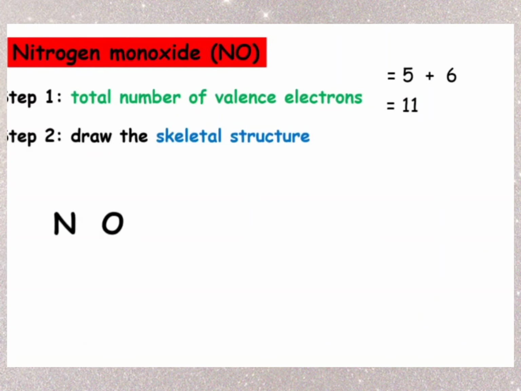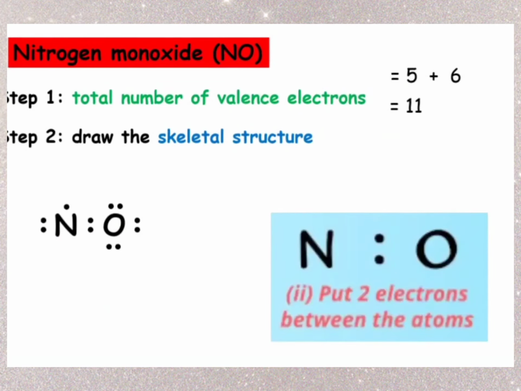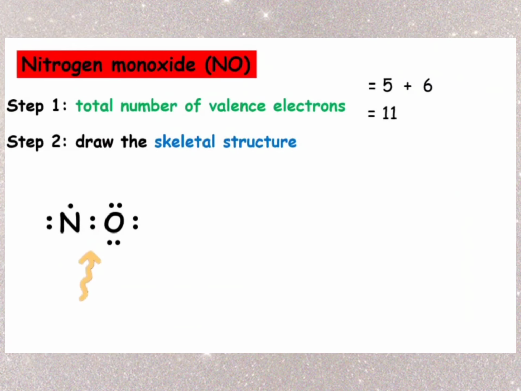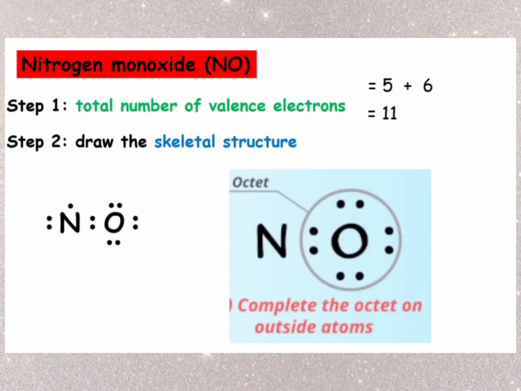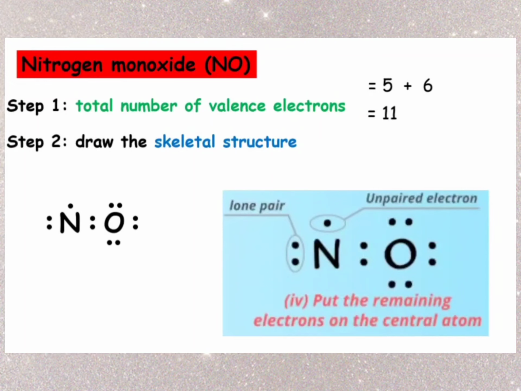You need to determine which atom is the central atom and which is the terminal atom. Next, put 2 electrons between the atoms. Then complete the octet on the outside or terminal atoms. Lastly, we put the remaining electron on the central atom.